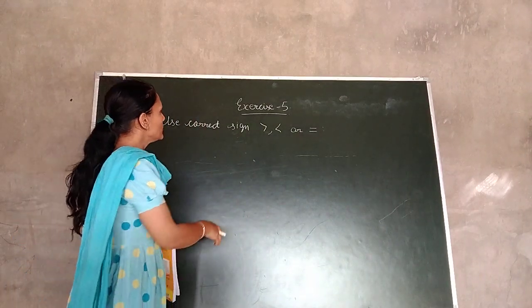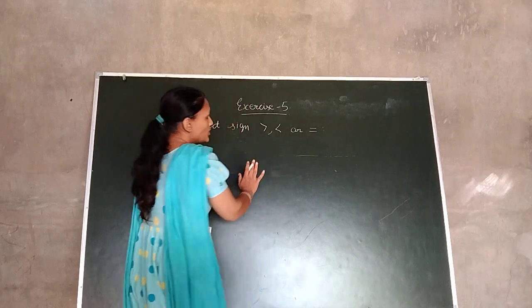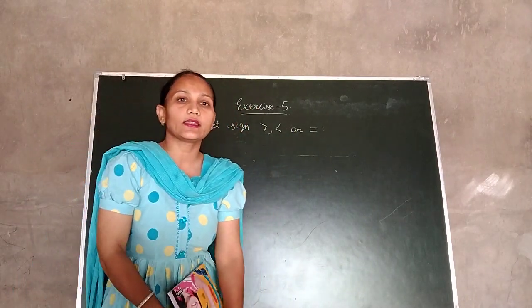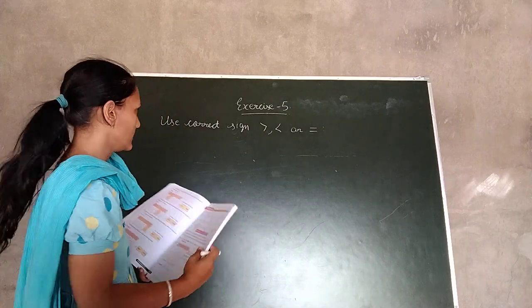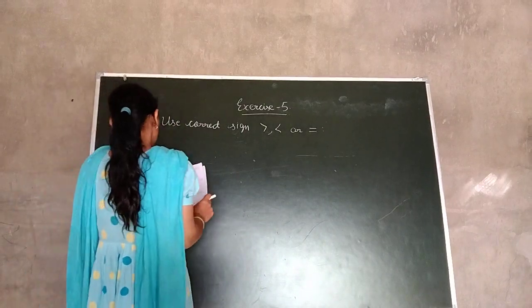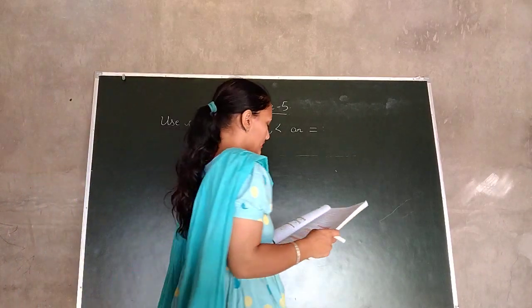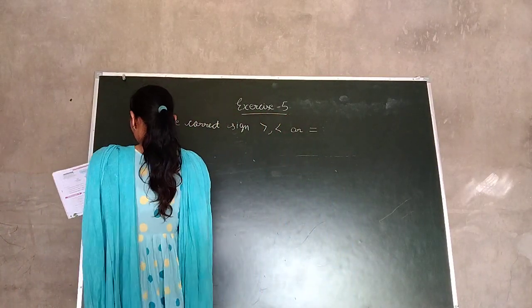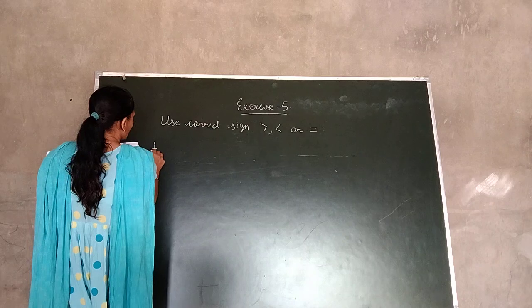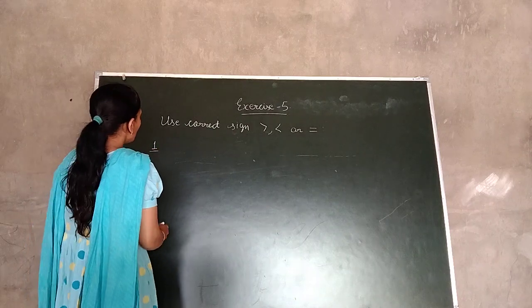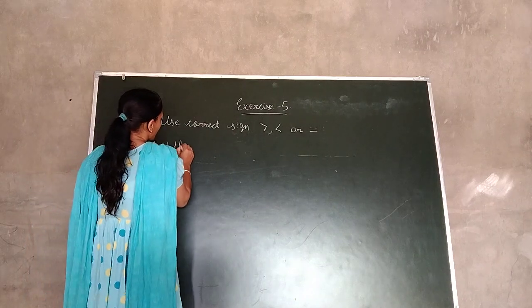So we have rules to check whether the number is greater than or less than. First of all, we are discussing some examples. First is when the number of digits are not same.